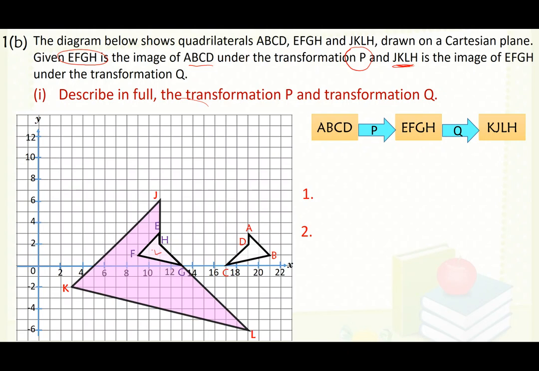Do you see that? 这两张图。Okay, is it a translation? 这个是 translation 吗？No, because the direction is changed.